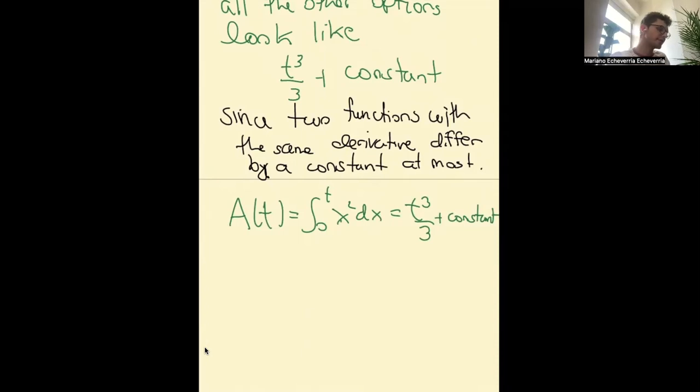But we also know something else, which is A of 0. What is A of 0? It is the integral from 0 to 0 of x squared dx, right? What do you think that should be? Pictorially, just think about it in terms of the picture.